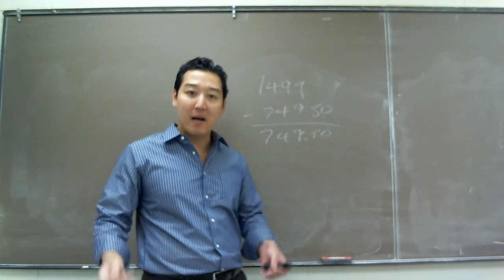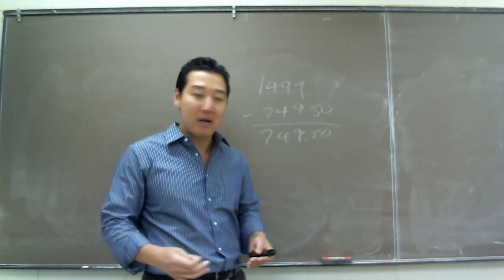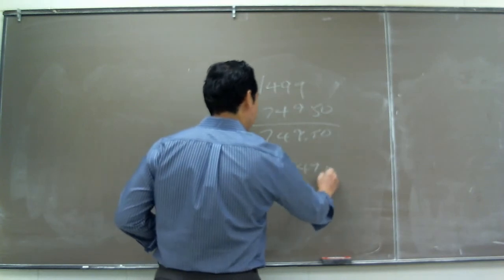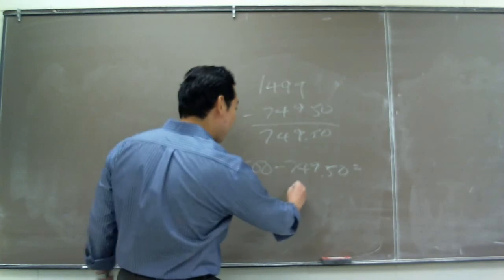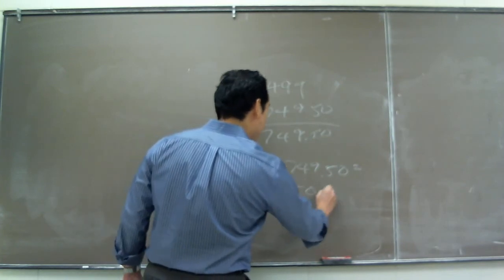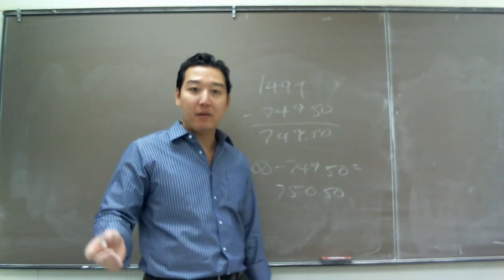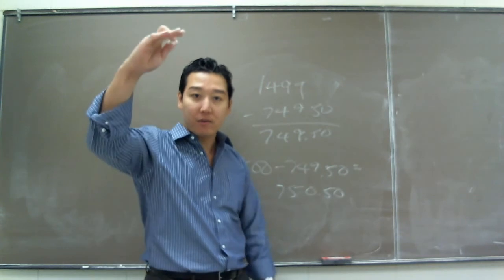If we subtract the countable earnings amount from the maximum grant amount, we're left with the government grant for this family of $750.50.